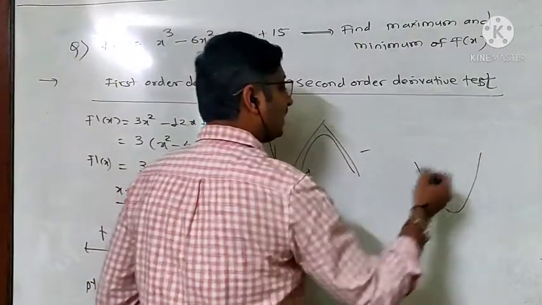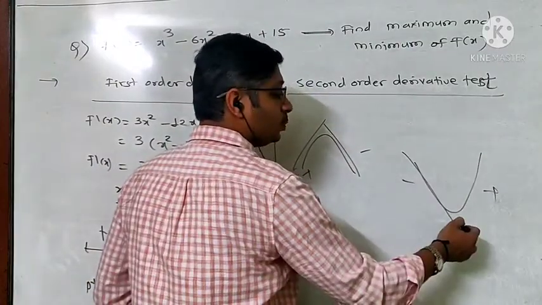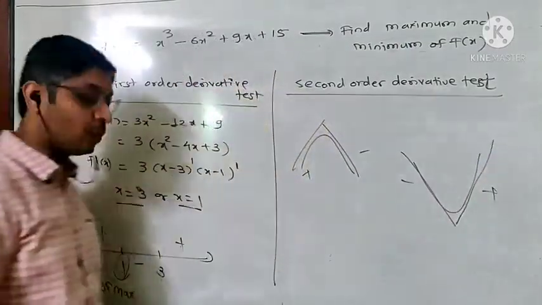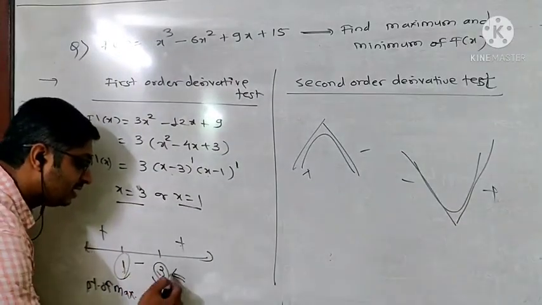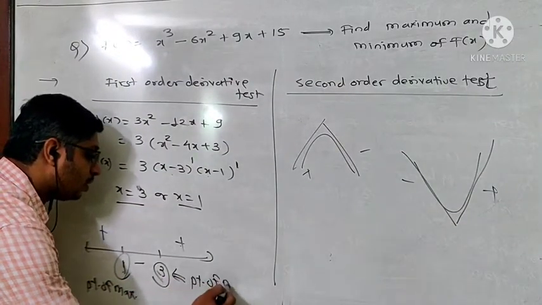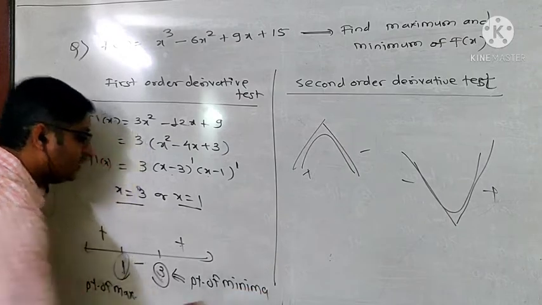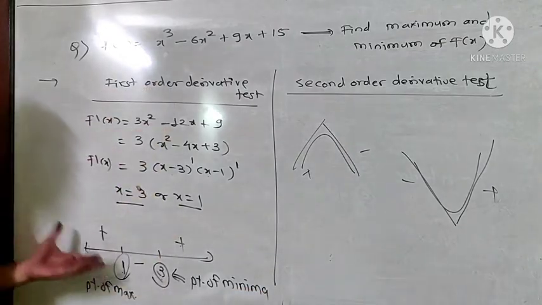So the graph is like this. Here the slope is negative, here the slope is positive. That means 3 is my point of minima.